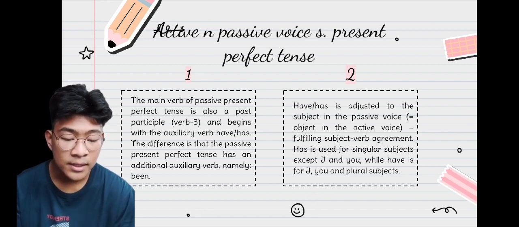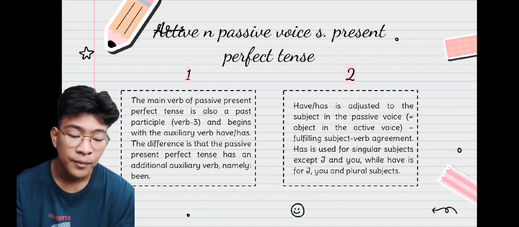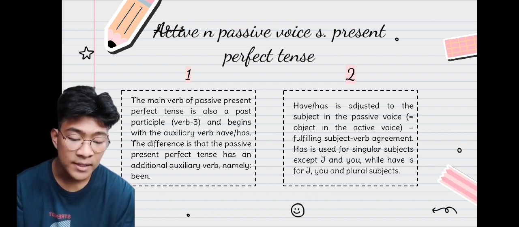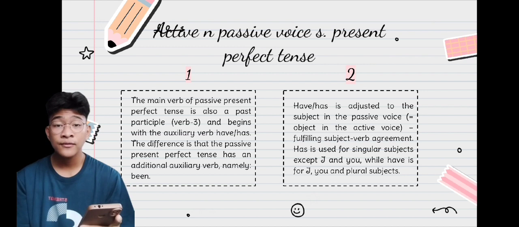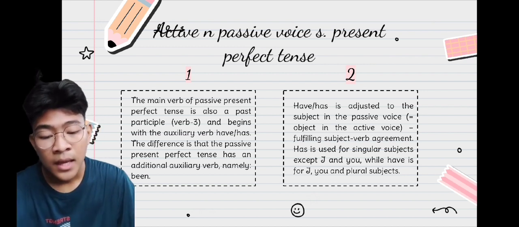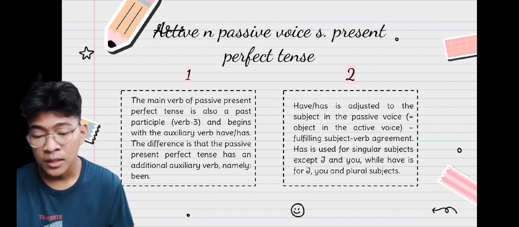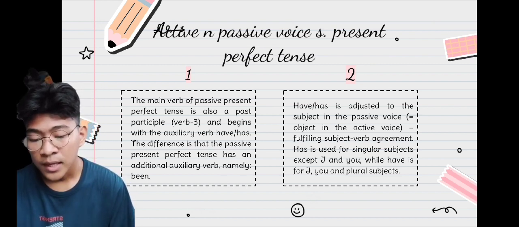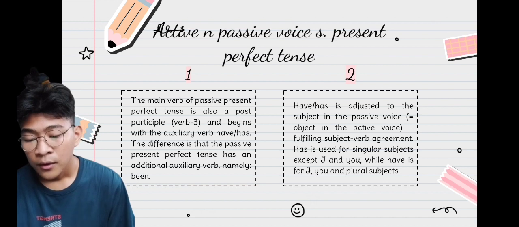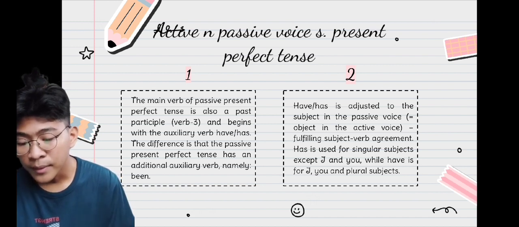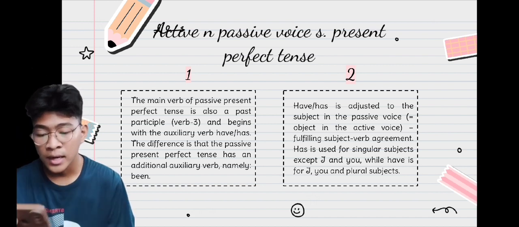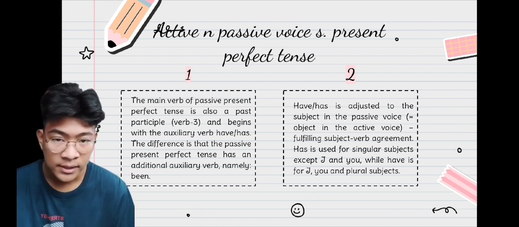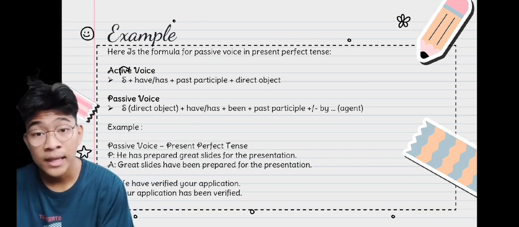The difference is that the passive present perfect tense has an additional auxiliary verb, namely been. Have or has is adjusted to the subject in the passive voice, the object in the active voice, fulfilling subject-verb agreement. Has is used for a singular subject. So now let's see examples.